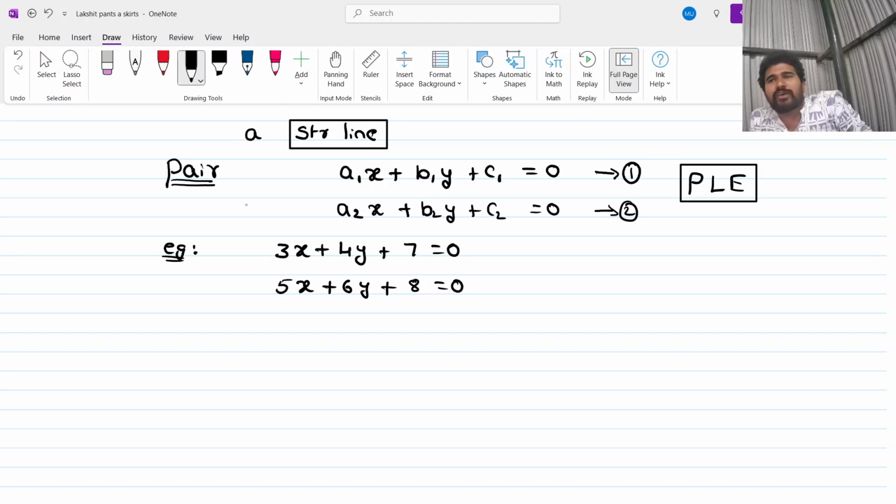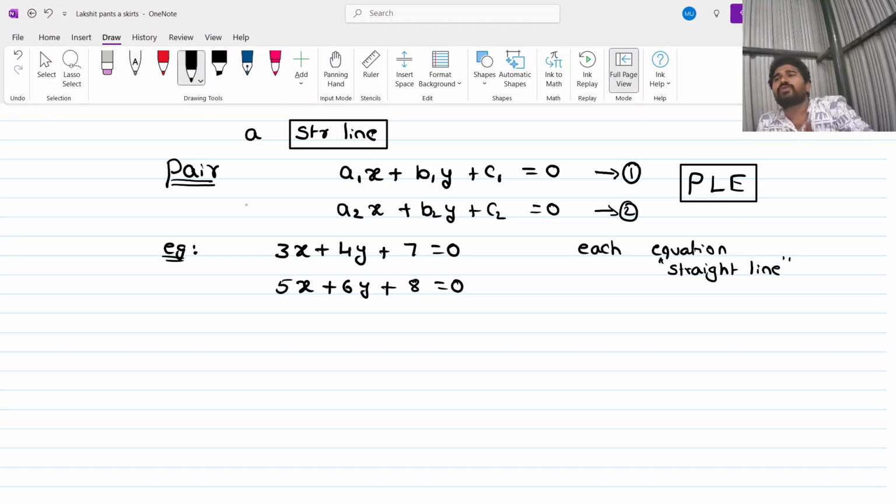Understand? Now what I want to do is see, you said each equation represents a straight line.